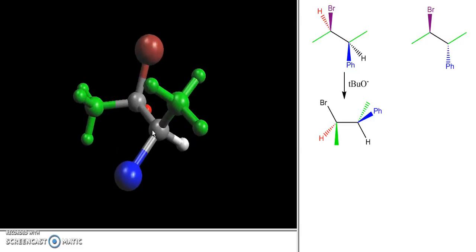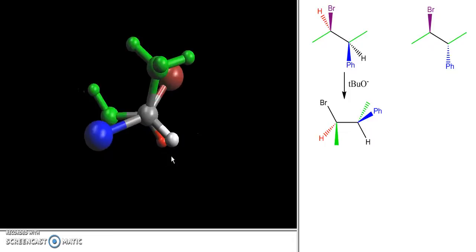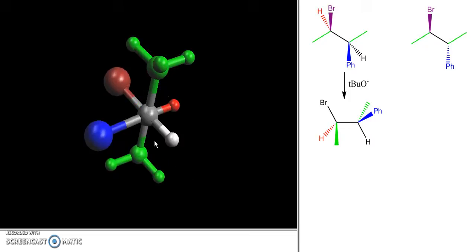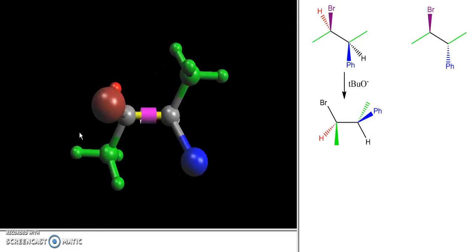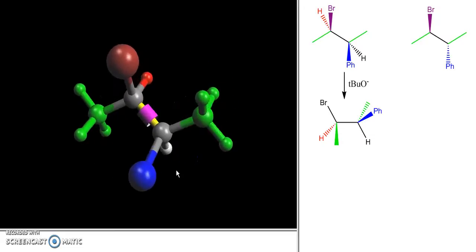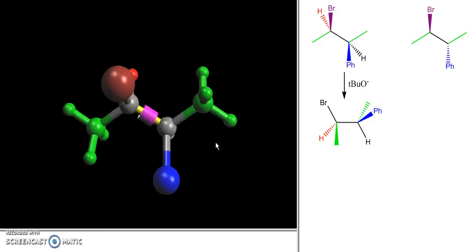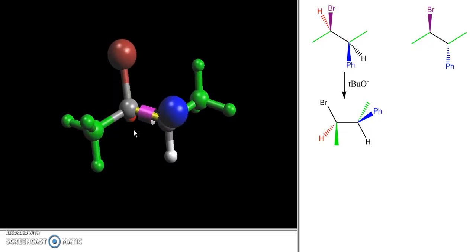So let me highlight this bond and rotate around it until I get them anti to one another and periplanar. So now if I go and look, this is what I have. This is the same representation I had over there. Actually, let me rotate it like this. So bromine going straight up, hydrogen going straight down, bromine up, hydrogen down.